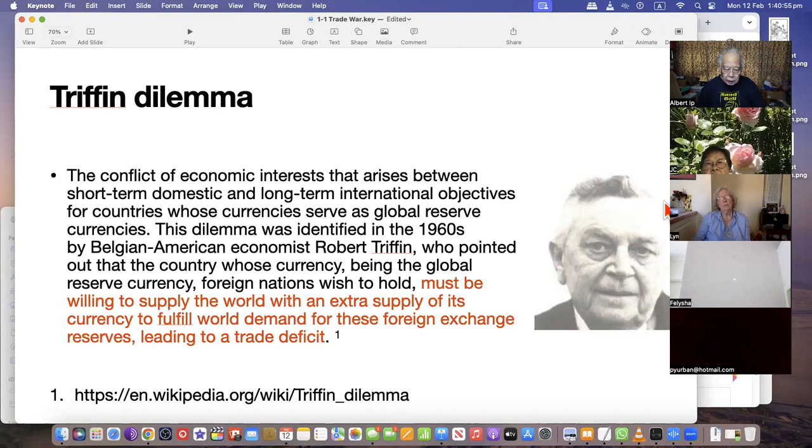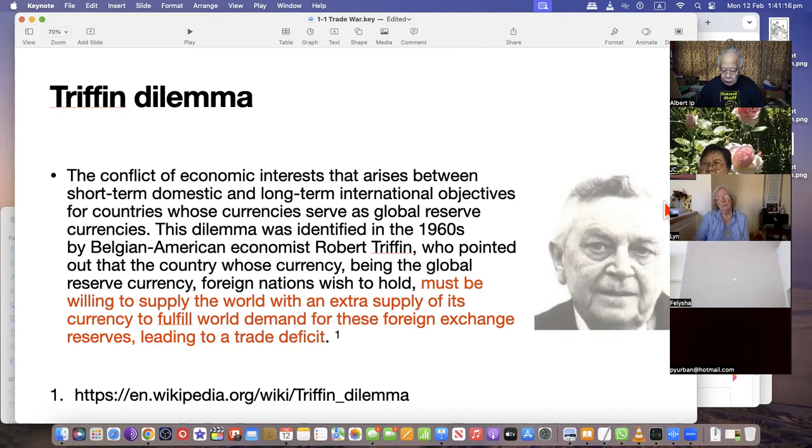But that gives a dilemma because of the conflict between short-term domestic and long-term international objectives for countries whose currencies serve as a reserve currency.